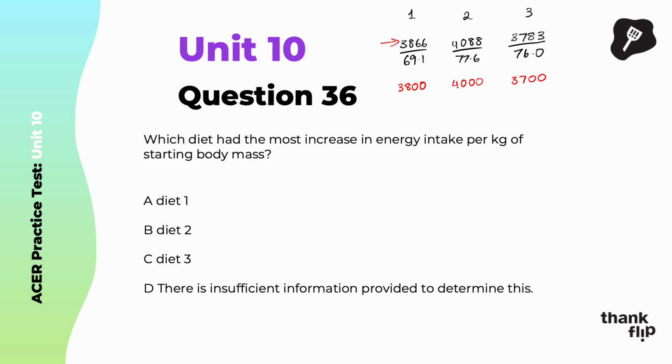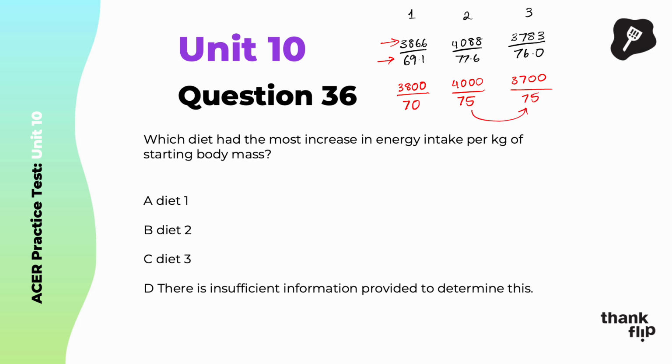So in doing that, we've simplified our values a little bit. And now looking at our denominators, we also want to simplify them by a similar amount. So 69.1, I'm going to simplify to 70. 77.6, I can simplify to around 75. And then 76, I'll also simplify to about 75.